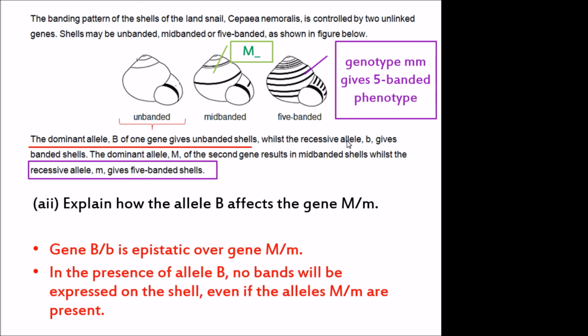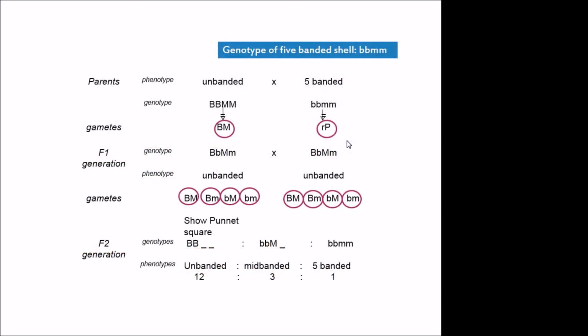It means the parent must have been pure breeding for the M locus as well. So it's big B, big B, big M, which they gave to you. For the other one, which is the 5-banded shell, we know it must be small b, and then small m.